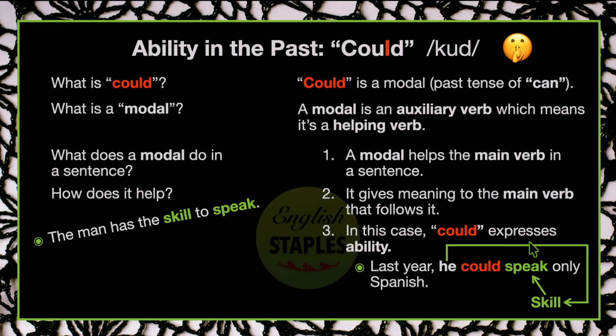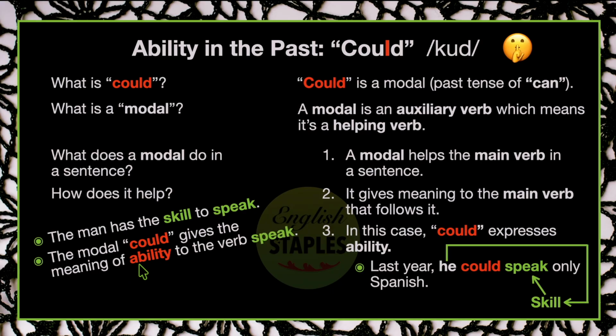The man, he has the skill to speak. The modal could gives the meaning of ability to the verb speak. Let's see what that looks like graphically. So we have ability here.